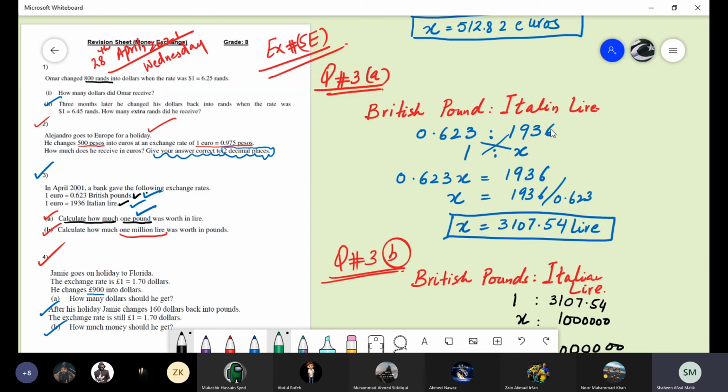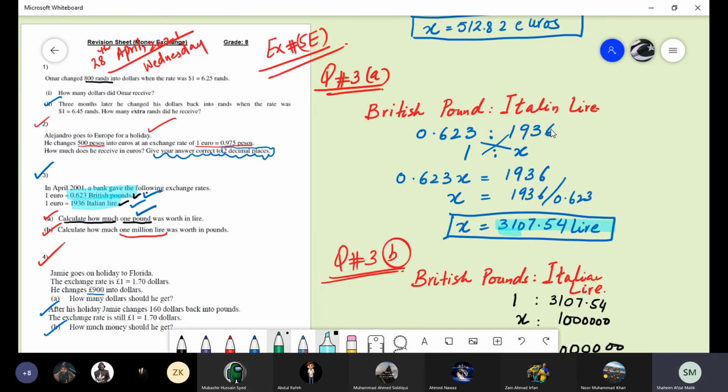So we can compare these two currencies, British pounds and Italian lira. Then we do the cross multiplication, because we want to find out how much 1 pound was worth in Italian lira. So this is the answer after the cross multiplication.